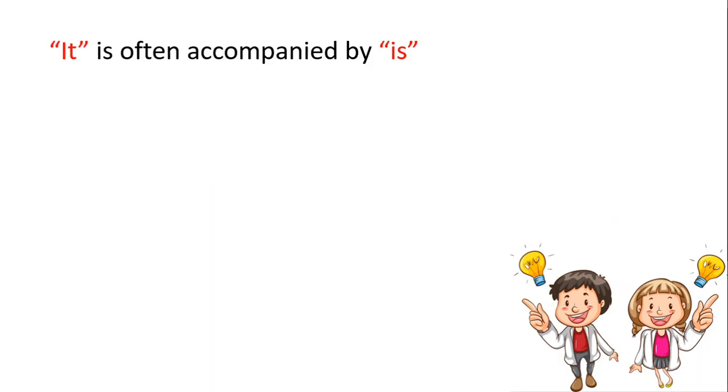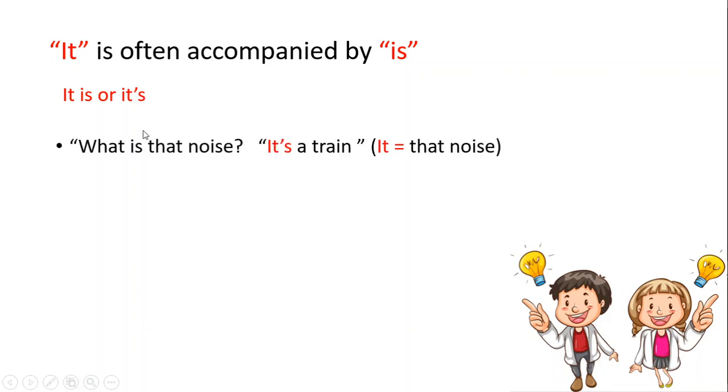It is often accompanied by is, which is the third person conjugation of the verb to be, and the contracted form of it is is it's. For example, what is that noise? It is a train. So it here means that noise.